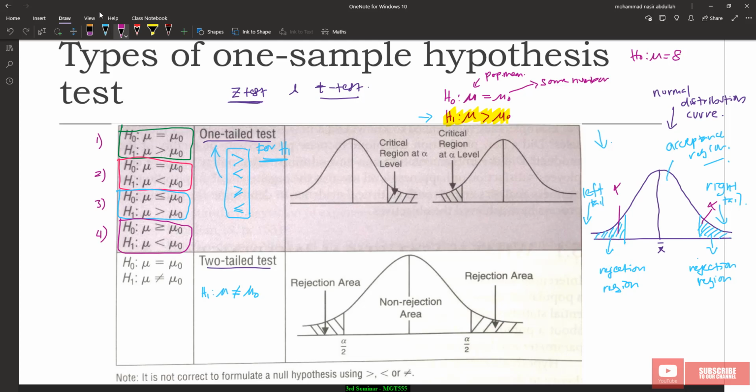Maksudnya, apa-apa keputusan kita akan buat ke atas null hypothesis. Dan kita akan test null hypothesis. Bukan kita akan test alternate. Remember, so maksudnya, kalau kita punya value nanti kita akan kira, dia termasuk dalam rejection region, right? So, kita akan reject null hypothesis. Kita accept alternate hypothesis.